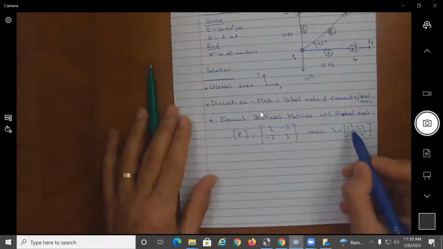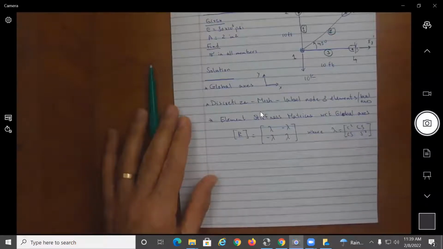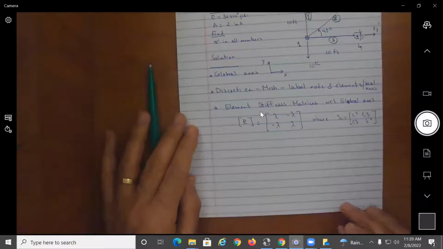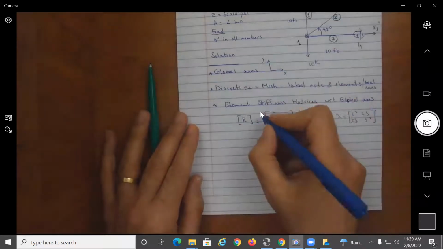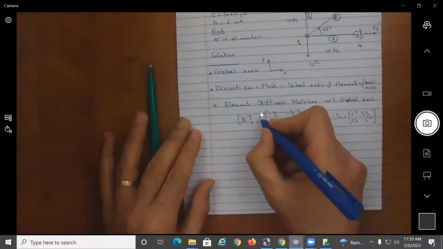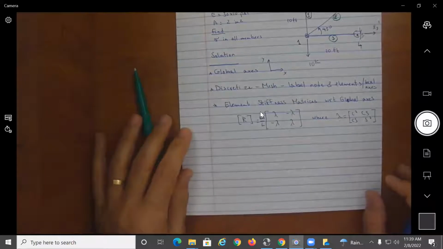So clearly, for each of the elements, I need C squared, CS, and S squared. Oops, sorry. Thank you for catching this. Good.